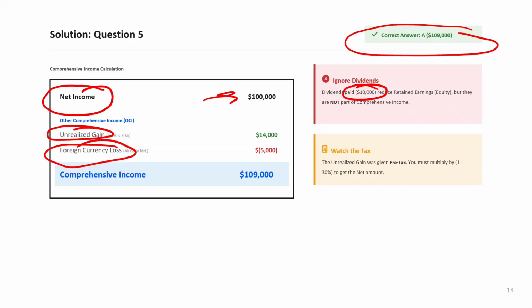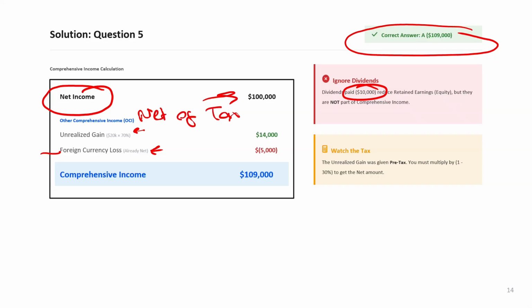The second thing we need to pay attention to here is the pre-tax versus the net of tax amount. For other comprehensive income, we report them as net of tax. So we know in the question for the foreign currency loss, they told us the net of tax amount was $5,000. But for the unrealized gain, they gave us the $20,000.